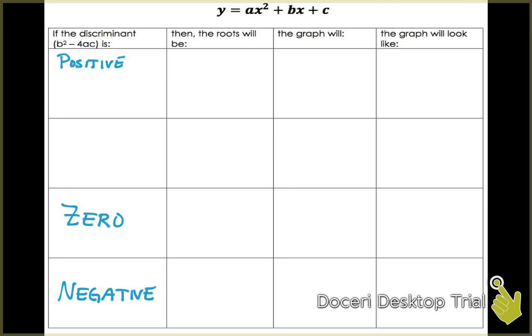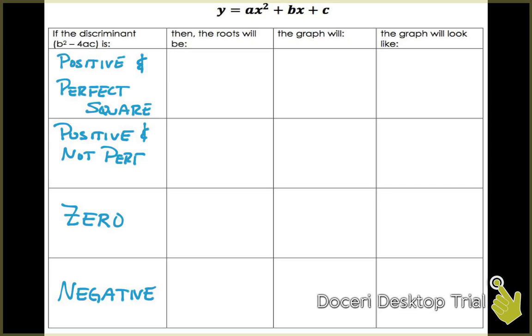Okay, so if it is positive, it can be positive and it can be a perfect square. Or it can be positive and not a perfect square.